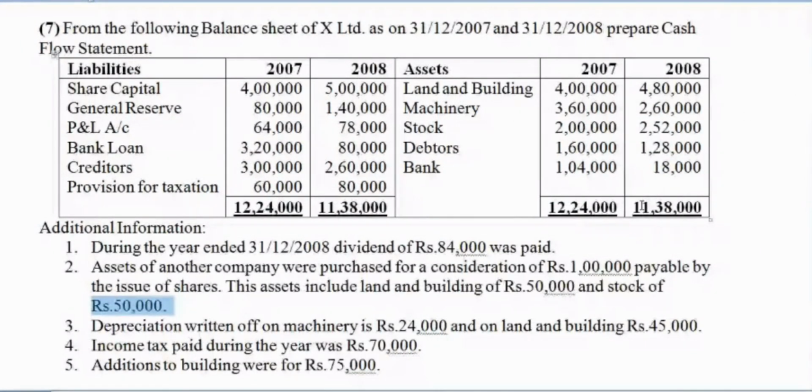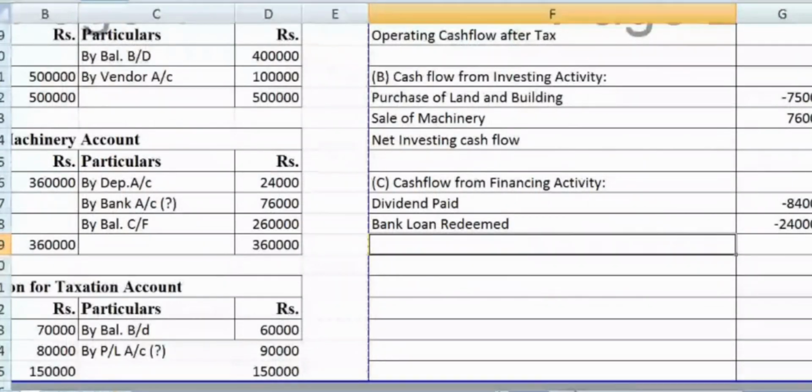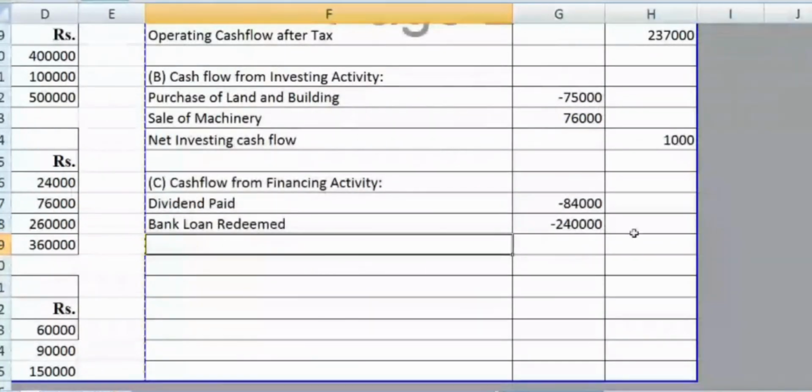Okay, anything else? और कुछ है क्या? इक्विटी शेयर में कुछ नहीं था, जर्नलिज्म में भी नहीं. Okay, so this is your final answer. Now what is final answer here? Minus 3,24,000, correct?